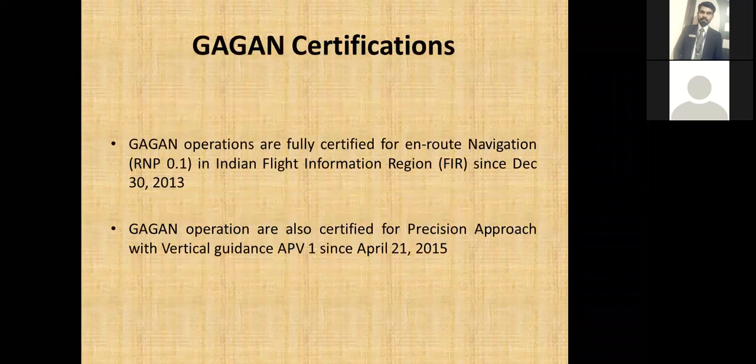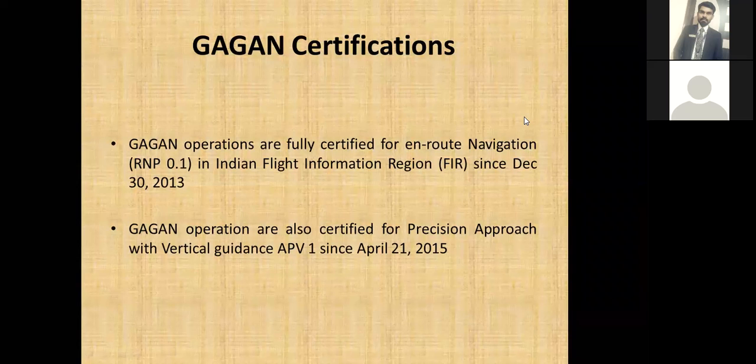So Gagan has received a certificate for en route operation, RNP 0.1. Along with a GPS receiver, they will get a position error of 0.1 nautical mile, anywhere within 0.1 nautical mile.